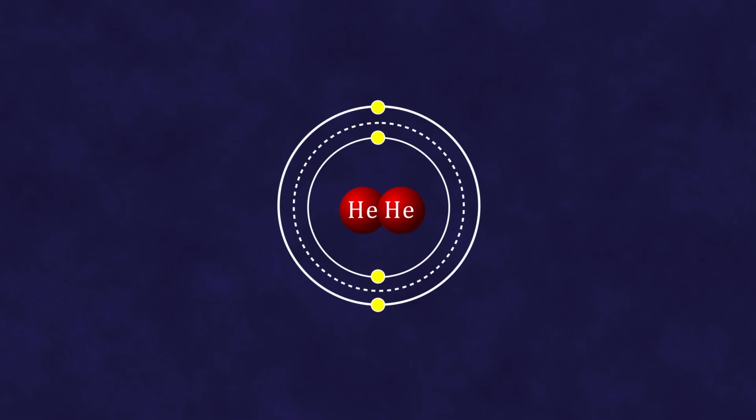And it turns out that the energy of all 4 electrons in a helium molecule would be greater than the total energy of 4 electrons in separate atoms. Therefore, the formation of a helium molecule is energetically unfavorable and does not occur in nature.